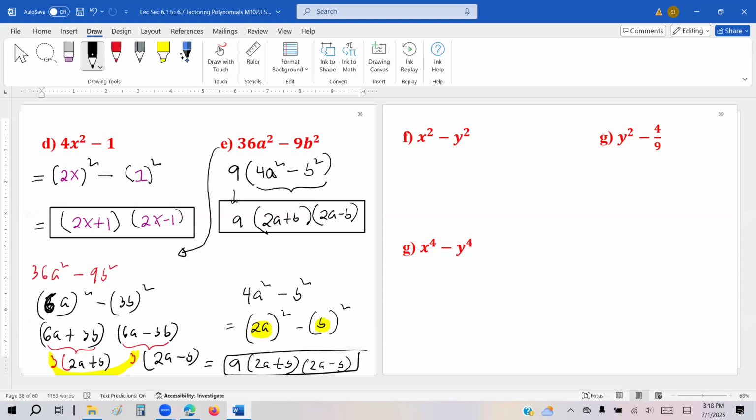AC method, trial method, perfect squares, GCF. You're going to see. There you go. No, I didn't do the review yet. I'm going to post the review.